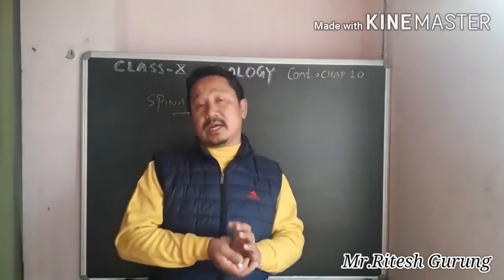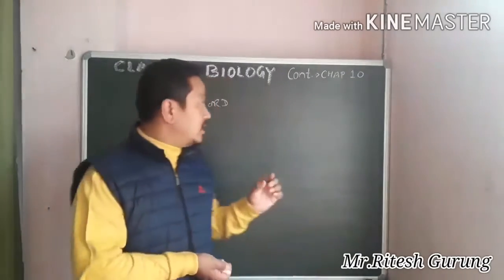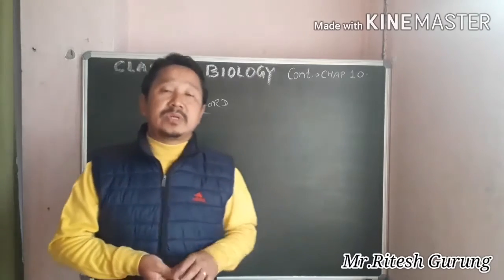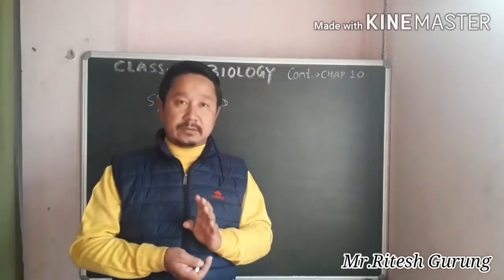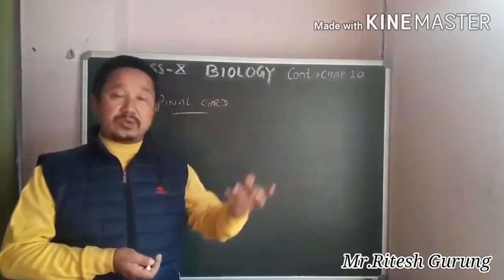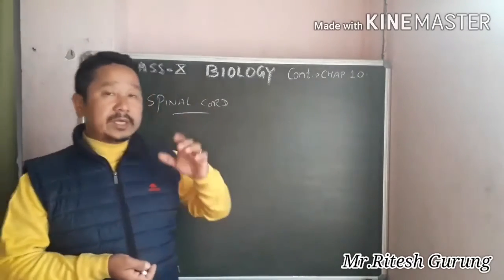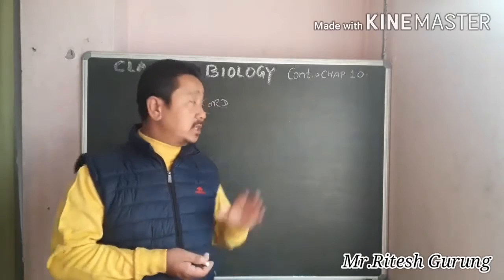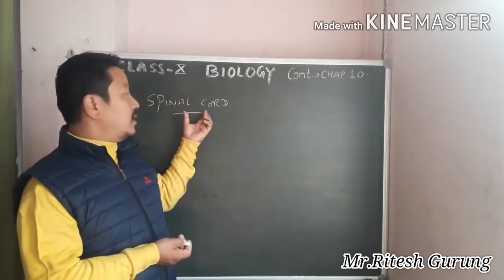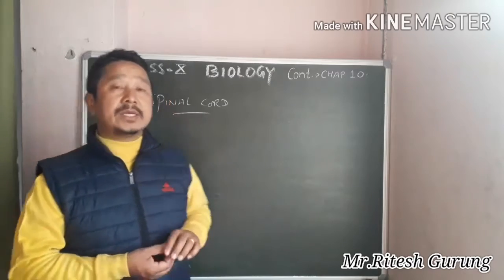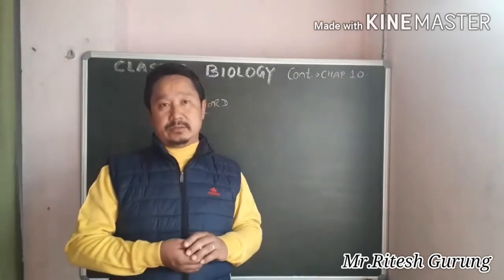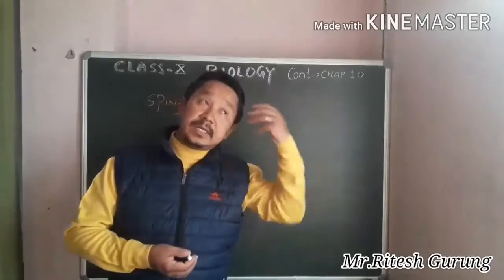But just the opposite of that, here you find the distribution of gray matter and white matter in the spinal cord. You have got to know this. In the outer covering, that is the outer part of the spinal cord, you find the white matter, not gray matter as in the brain.